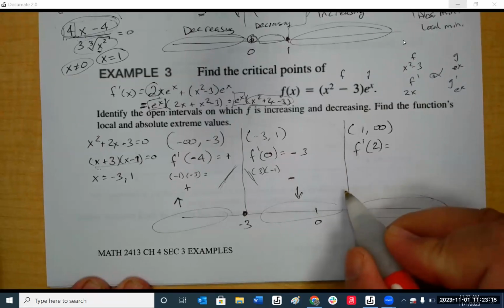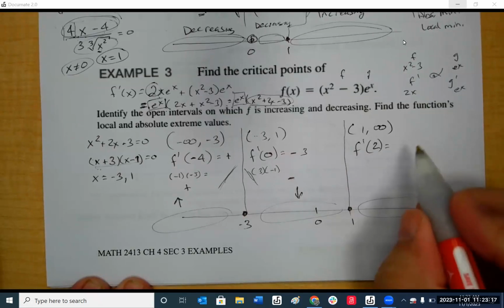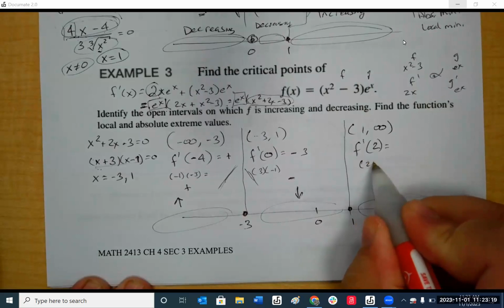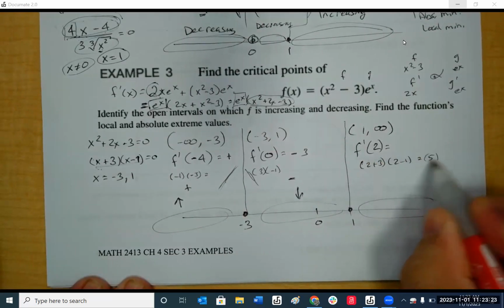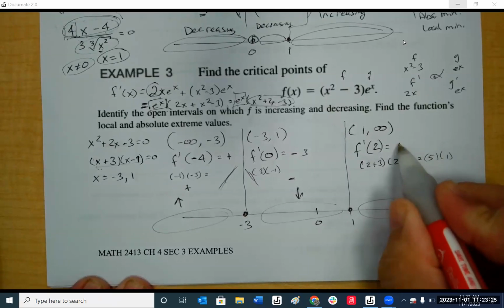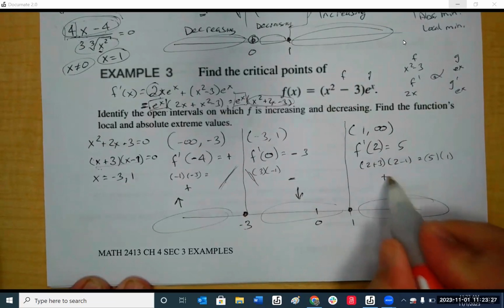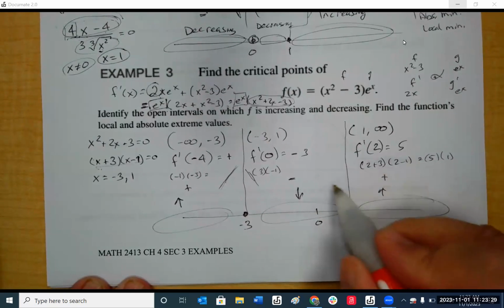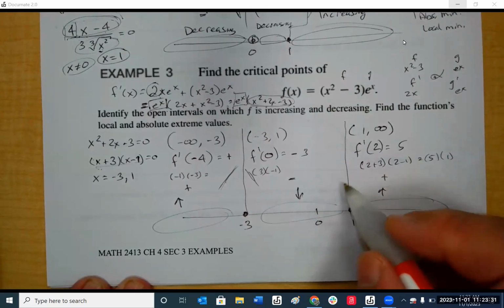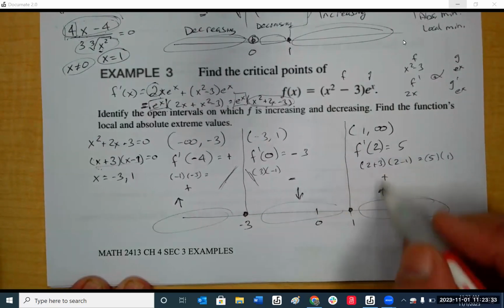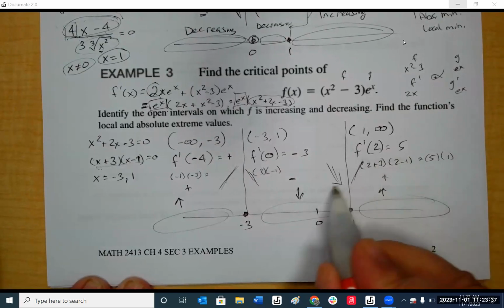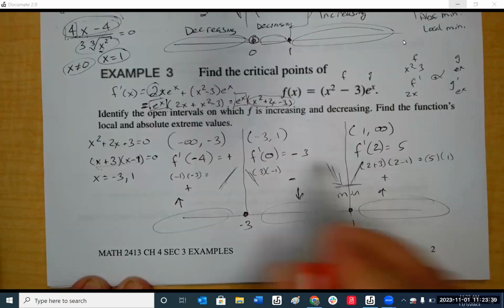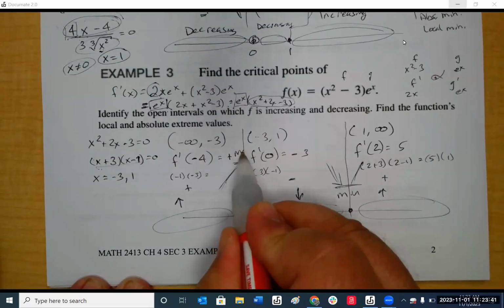And at 2, we have 2 plus 3 and 2 minus 1. They're both positive, so on this side it's increasing. So this side is decreasing, this side is increasing. So we have a minimum here and a maximum here.